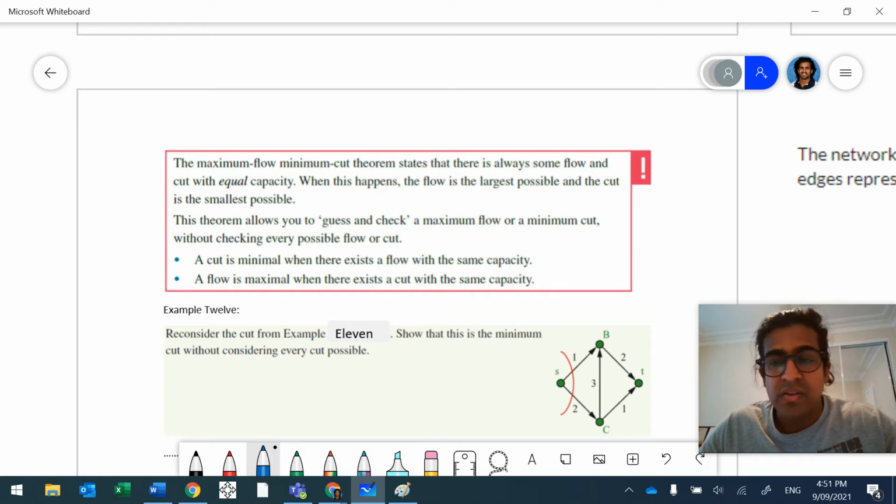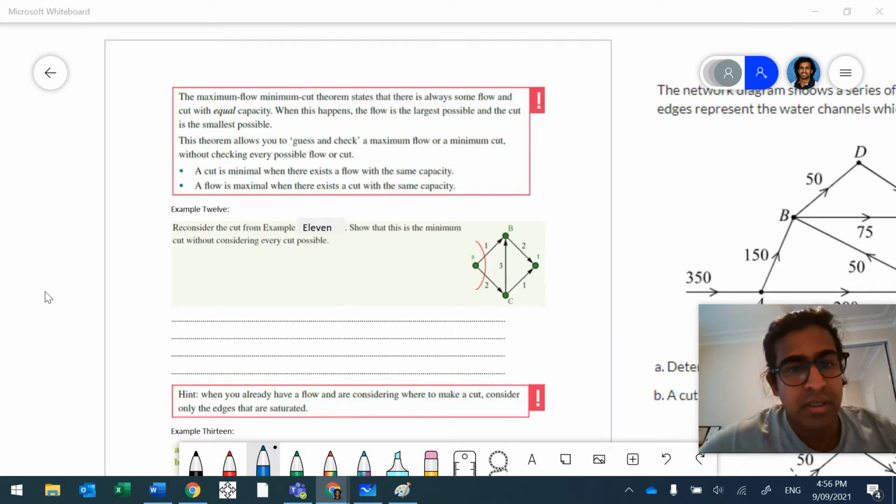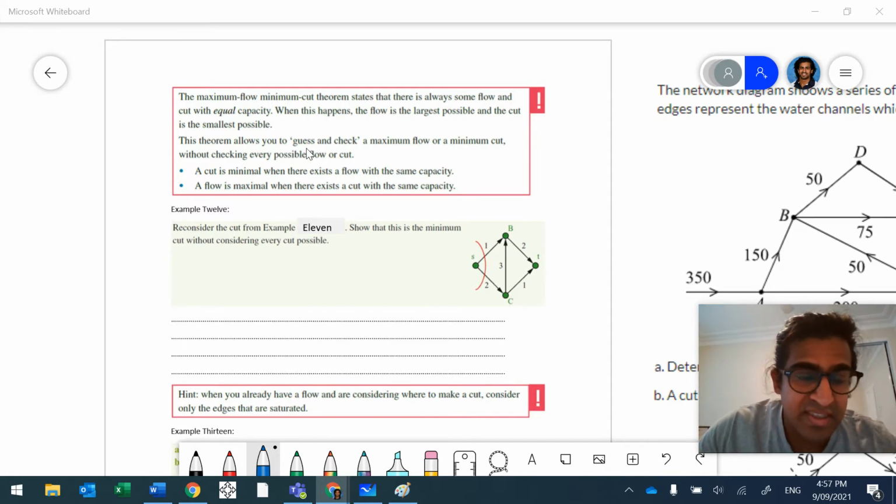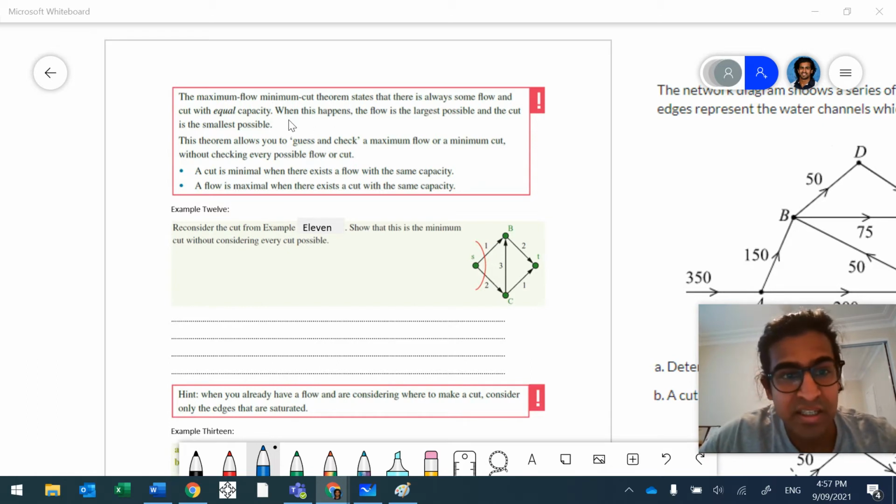So if we think about this same diagram as before, and we use this theorem, where if there is a flow and a cut with equal capacity, that will be the maximum flow and the minimum cut.